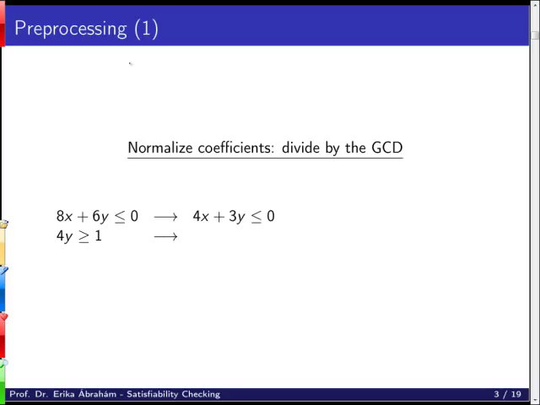So if we have constraints where we divide by a common divisor of the coefficients, and on the right-hand side, we have a constant. If we divide this constant and this is not an integer, then we can use, according to the comparison sign, either the next largest or the next smaller integer. So from y larger or equal 1 fourth, by dividing by 4, we can imply that y is larger or equal 1.